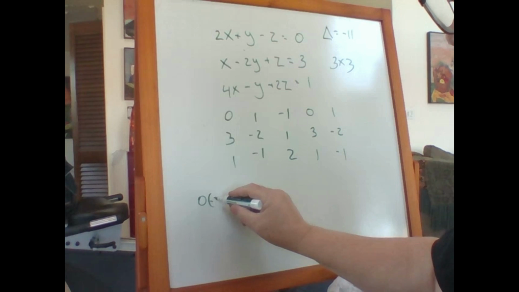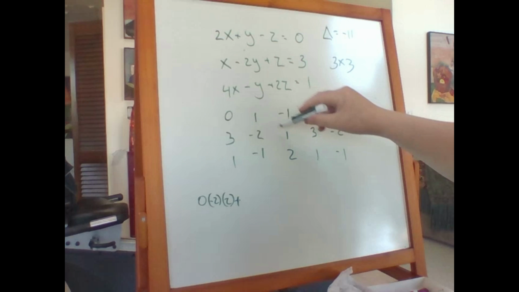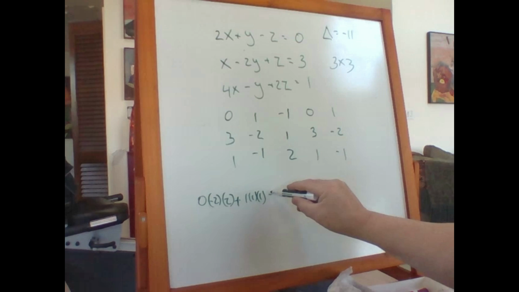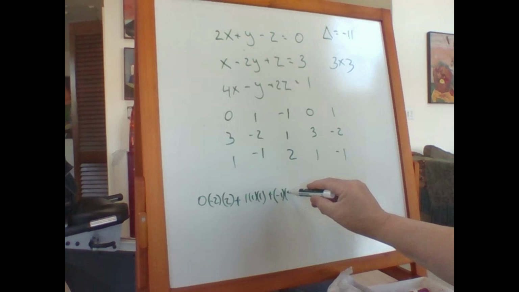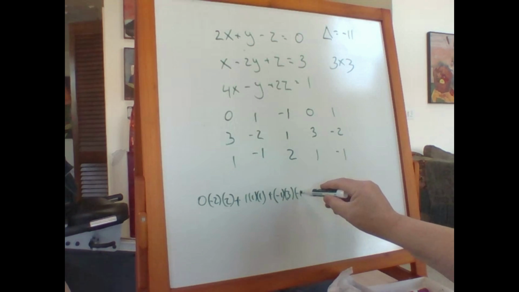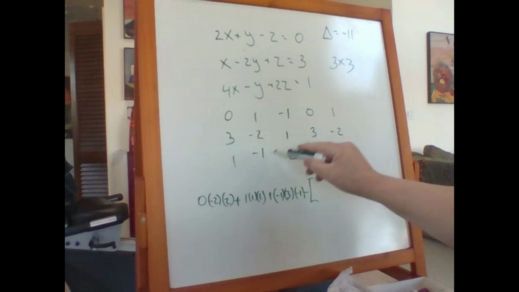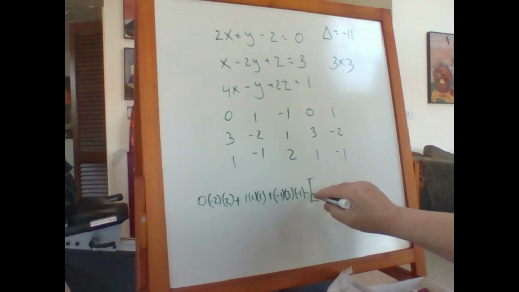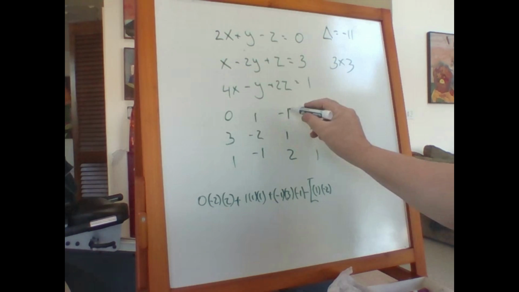So here we have 0 times negative 2 times 2 plus, okay, we got 1 times 1 times 1 plus minus 1 times 3 times minus 1 minus, again, these diagonals are all negative, so we put minus bracket, so we have 1 times minus 2 times minus 1.